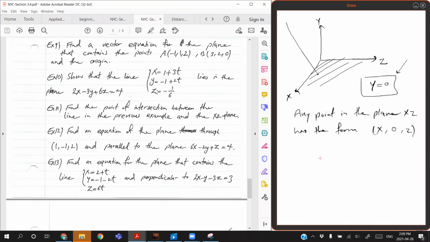So I have x is 1 plus 3t, y is minus 1 plus 2t, and z is minus 1 over 6. So if I plug in 0 for y, minus 1 plus 2t, that gives me t is 1 over 2.